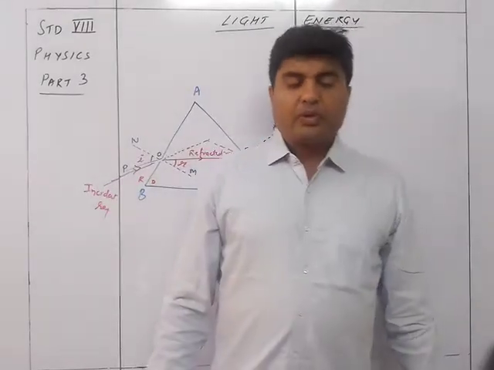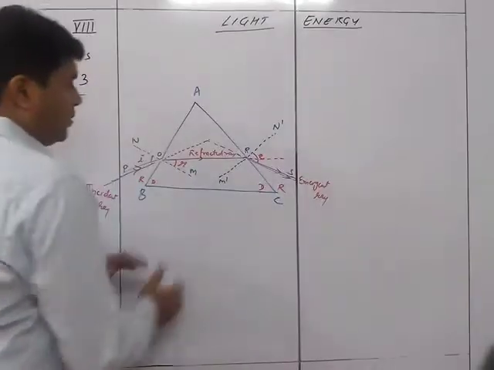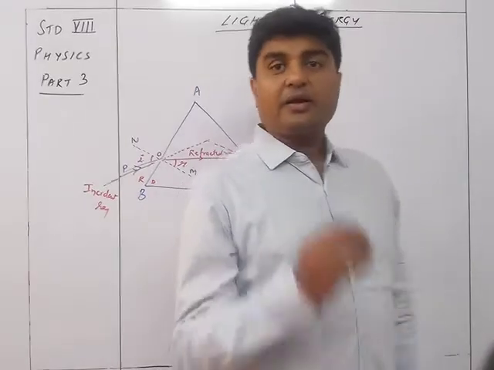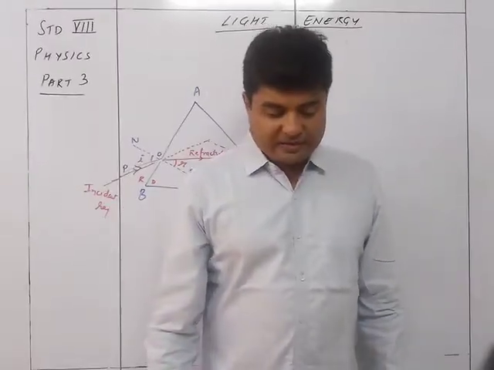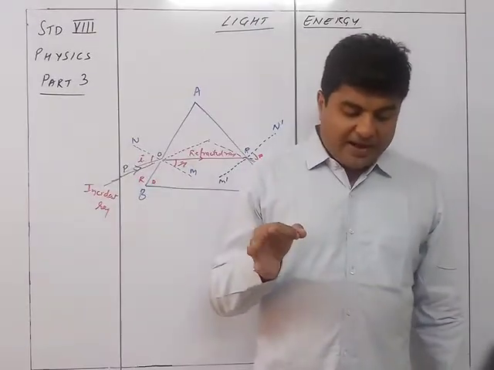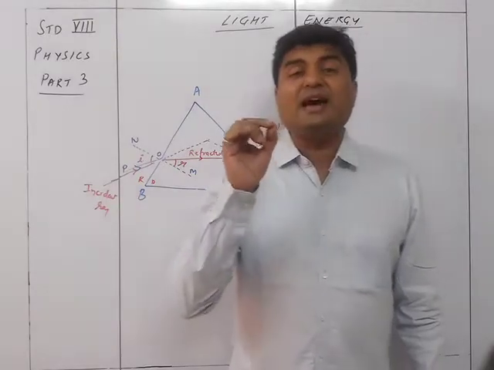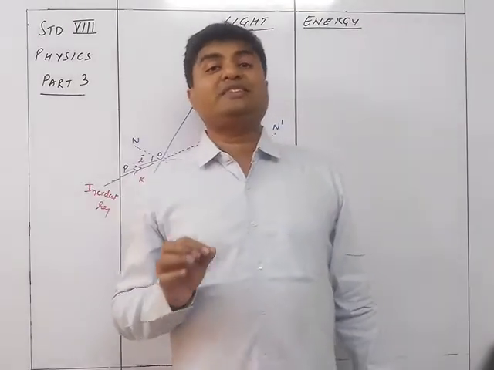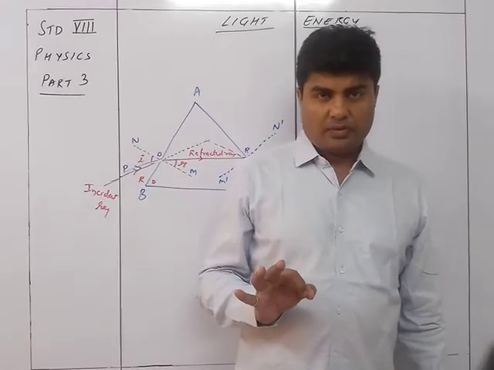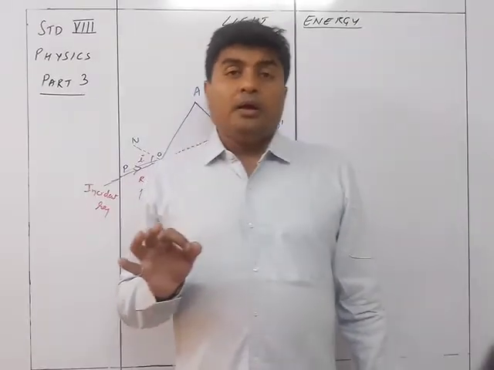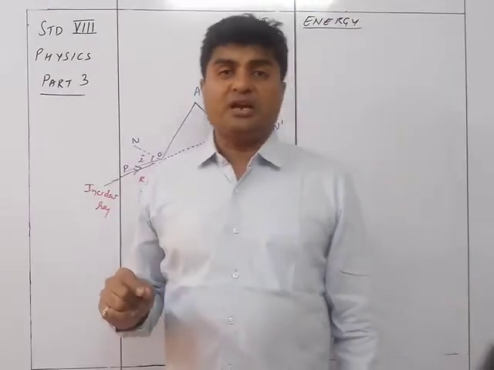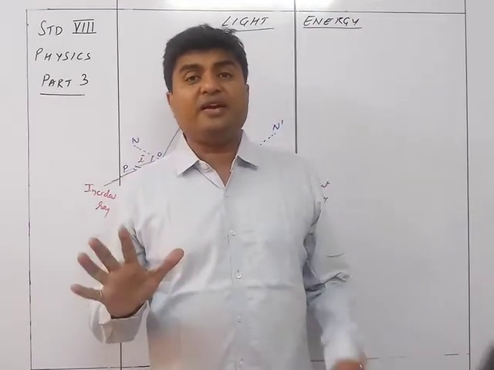Now, whatever we did over here was considering that the light ray, if you read the paragraph properly, it is given that a ray of light enters. Now this is of a single color. It is given that the light PQ is made up of a single color. It is seen that the sun rays are not of a single color. They are made up of 7 different colors.